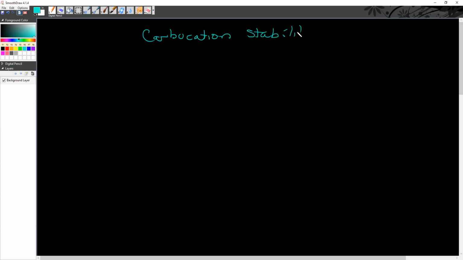And the big thing that I want you to know about carbocation stability going into this is, of course, this idea that tertiary is more stable than secondary, which is more stable than primary, which is more stable than methyl. A lot of people don't know why this is happening.